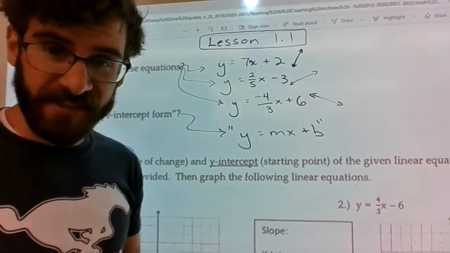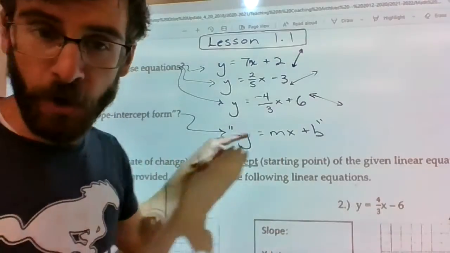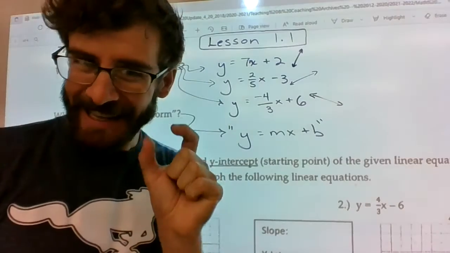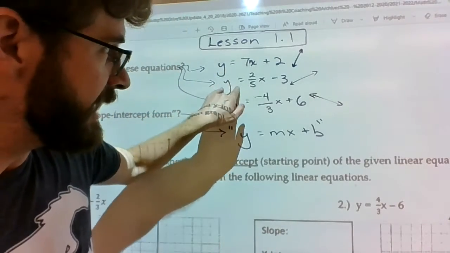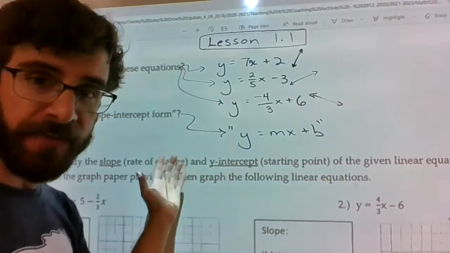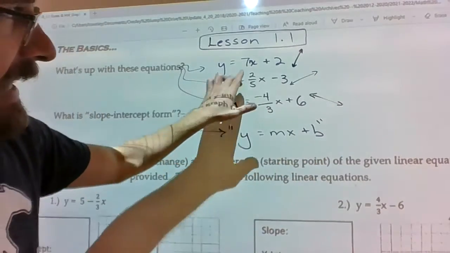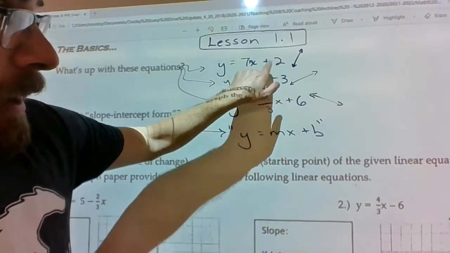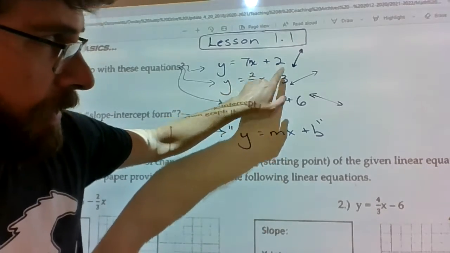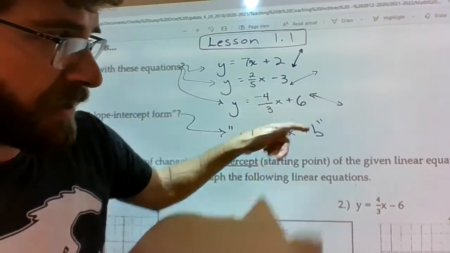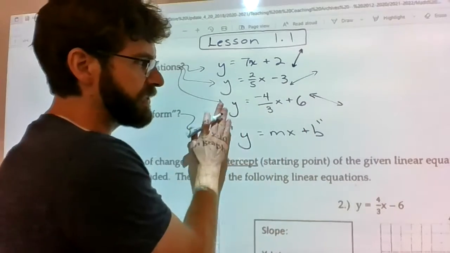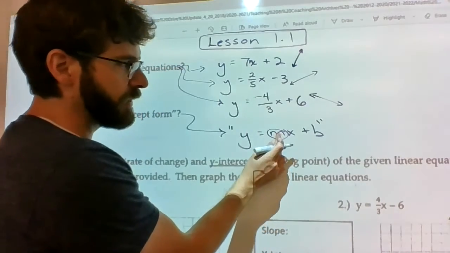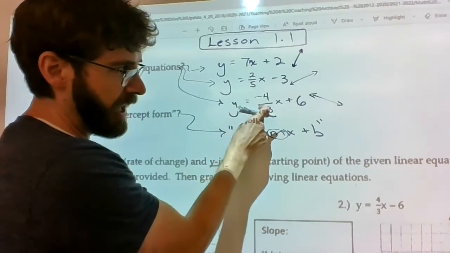And the way we're going to make sense of all that is through this right here. It's called slope-intercept form, which basically means if I get y by itself in each of my equations, and on the other side I get a number x, plus or minus another number, you can use this information to say my m is always going to be the slope of the line.